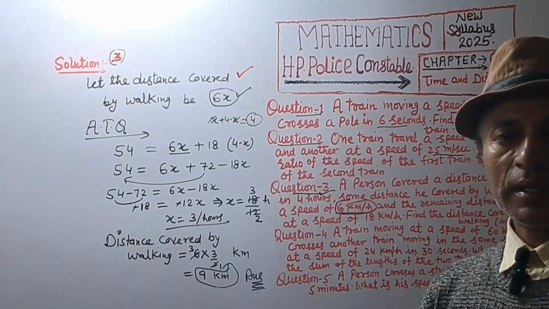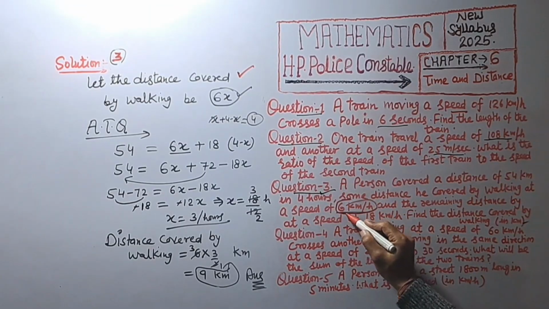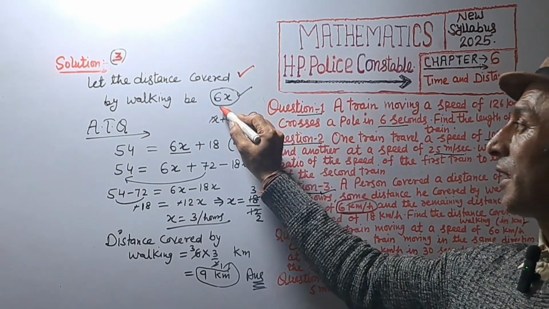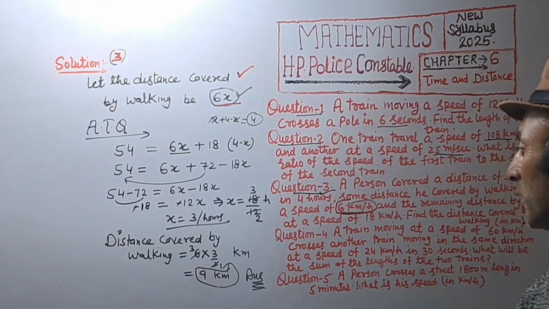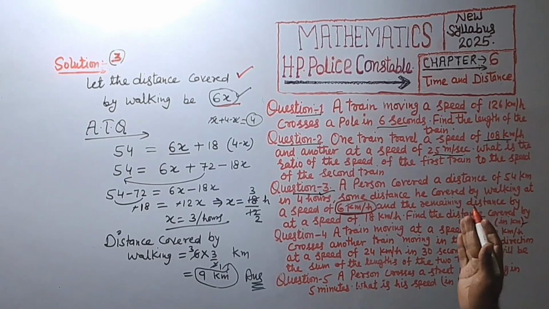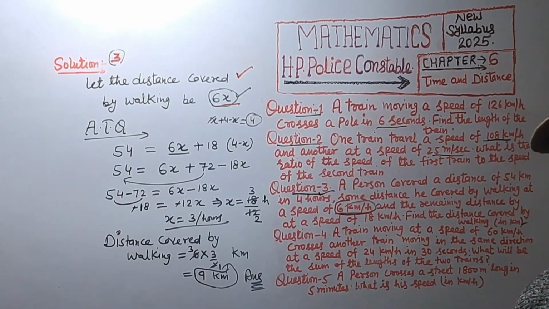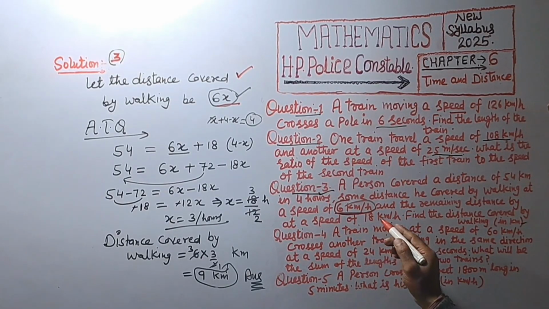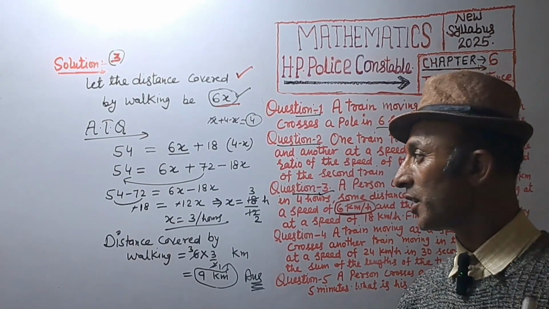Let the distance covered by walking be x. At 6 km per hour, that is 6x, and according to the question, a person covered a distance of 54 km in 4 hours. Some distance he covered by walking at a speed of 6 km per hour and the remaining distance at a speed of 18 km per hour.